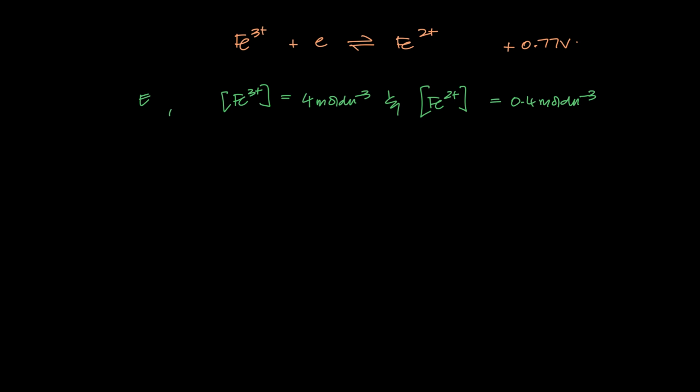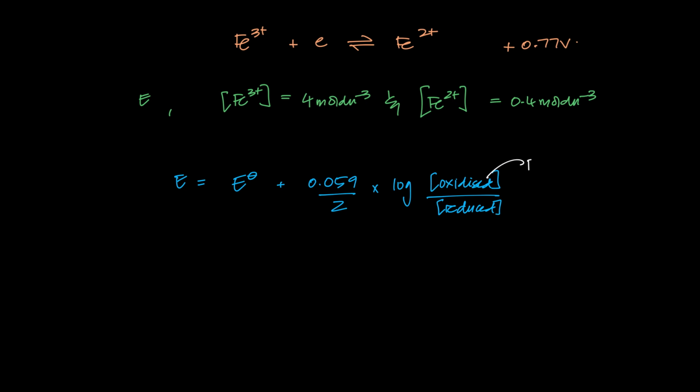And then what do we do? So the formula was what? The new E is the old E naught plus 0.059 over Z into log of the oxidized species over reduced species. Now oxidized is the higher oxidation state. So literally here, this is for iron, this is Fe3+, and this is Fe2+.